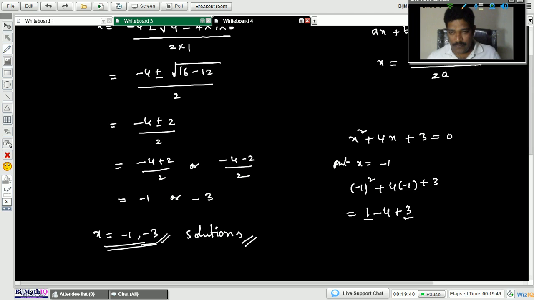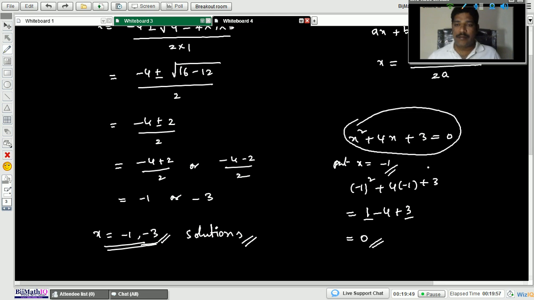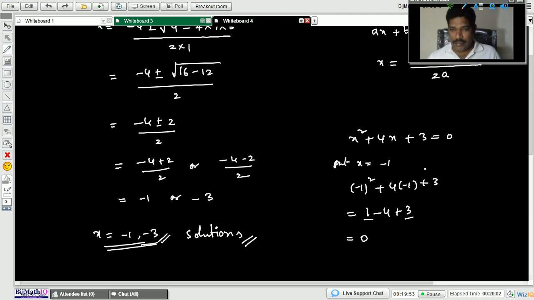So 1 plus 3 means 4, and 4 minus 4 is 0. So minus 1 satisfies the given equation. So that minus 1 is called a solution, the solution which satisfies our given equation.